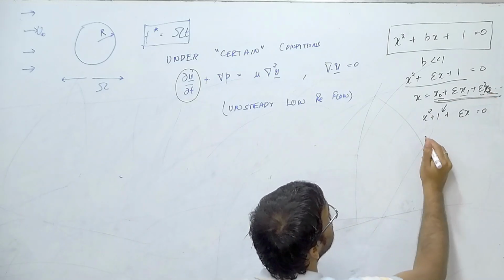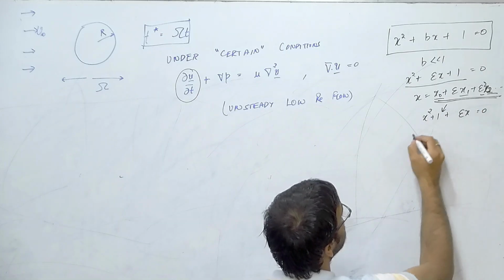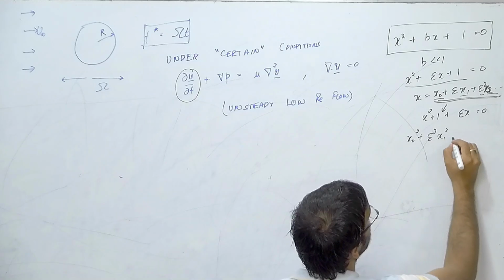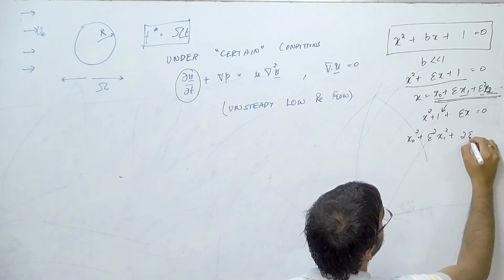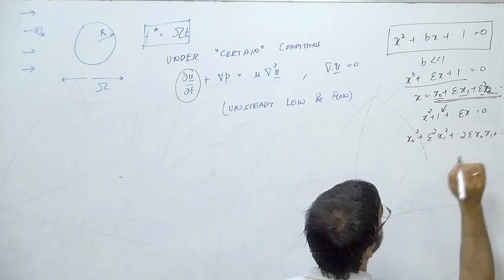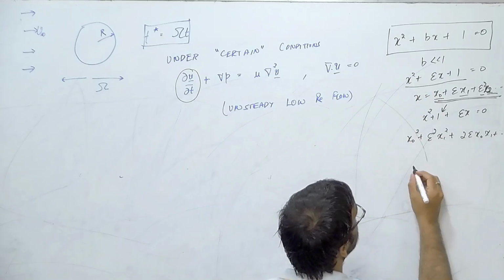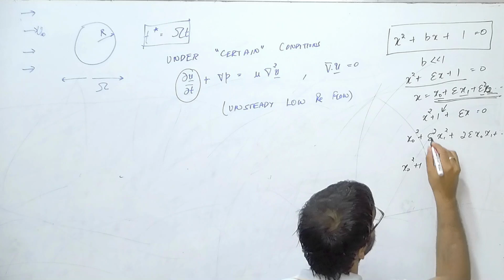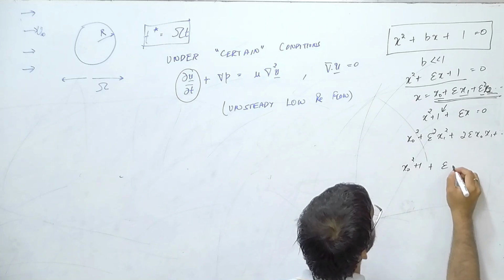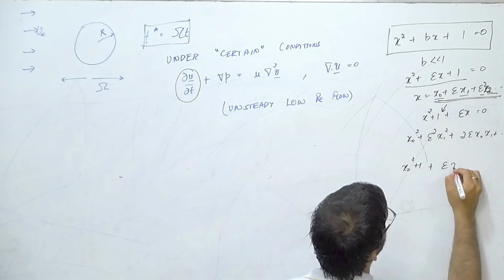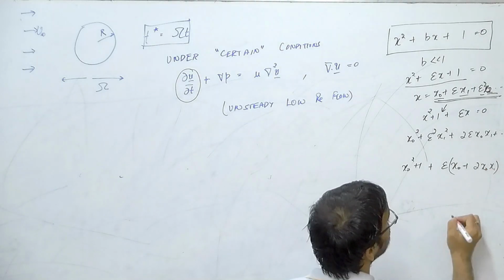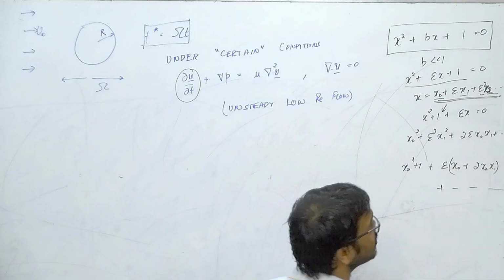If you write this as the expansion, then x squared is x naught squared plus epsilon squared x1 squared plus 2 epsilon x naught x1, and so on and so forth. You substitute this here, so you will get x naught squared plus 1 plus epsilon times x naught plus 2 x naught x1 plus higher order terms.